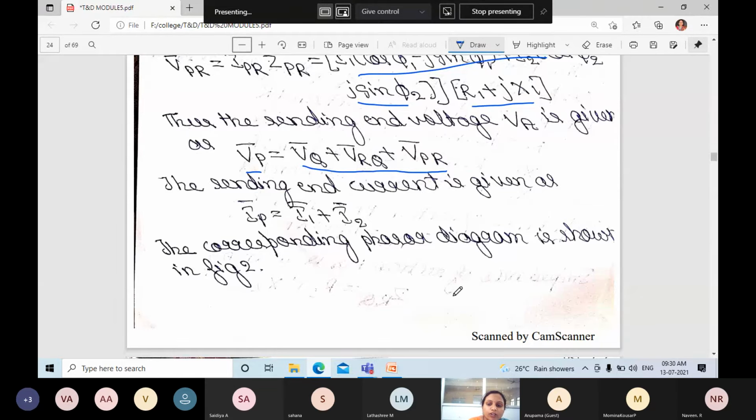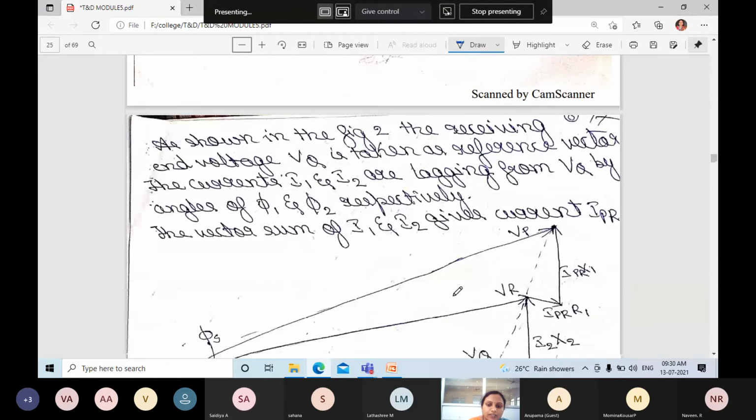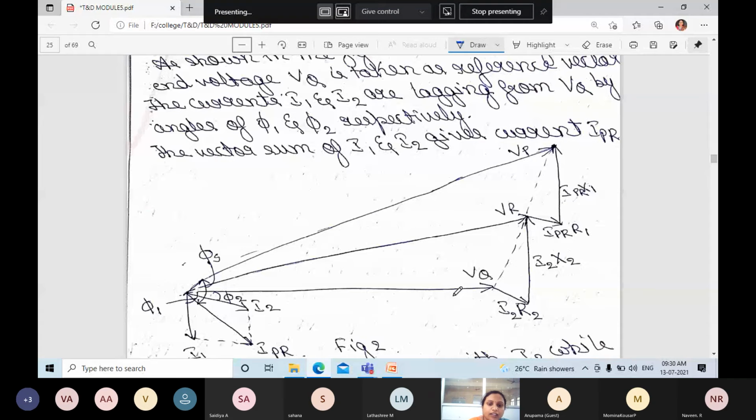This is the corresponding phasor diagram. You can observe here, VP is the starting point, VR the second point, and VQ the final one. We have taken this as reference.